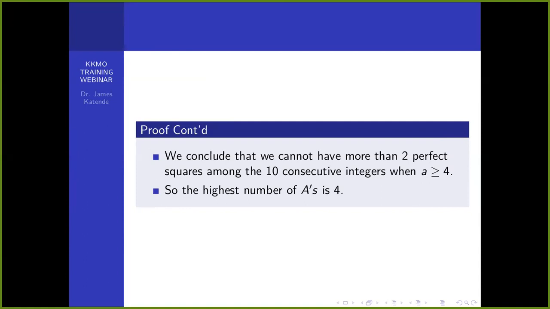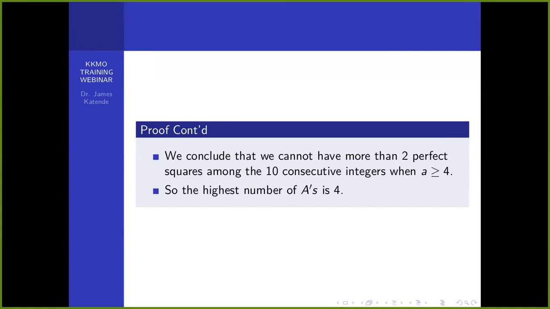When I read the question initially, I interpreted the statement about the maximum number of A's the teacher can give to mean that, let's say the first student removes a number and the rest form a perfect square, so he gets an A, and then another one removes from what remains, then another one removes from what remains. But it seems that the question was to be interpreted differently. Or maybe we should have made that clearer in the statement of the question.